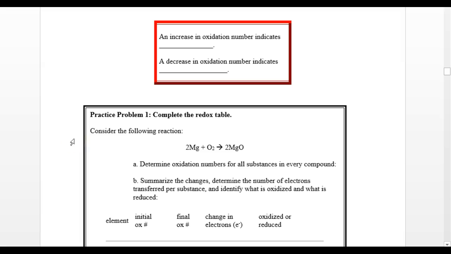If we compare the oxidation numbers in the reactant side and the product side, and we see that the oxidation number increases, it's oxidation.